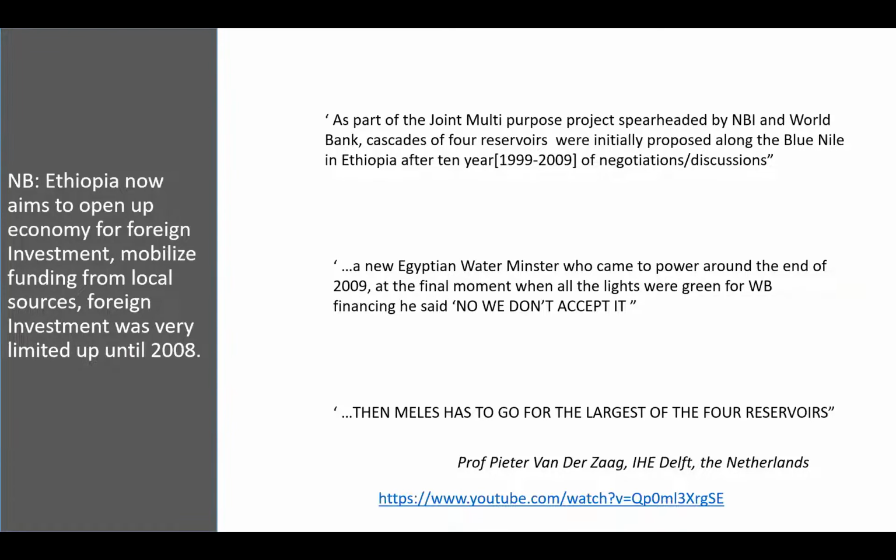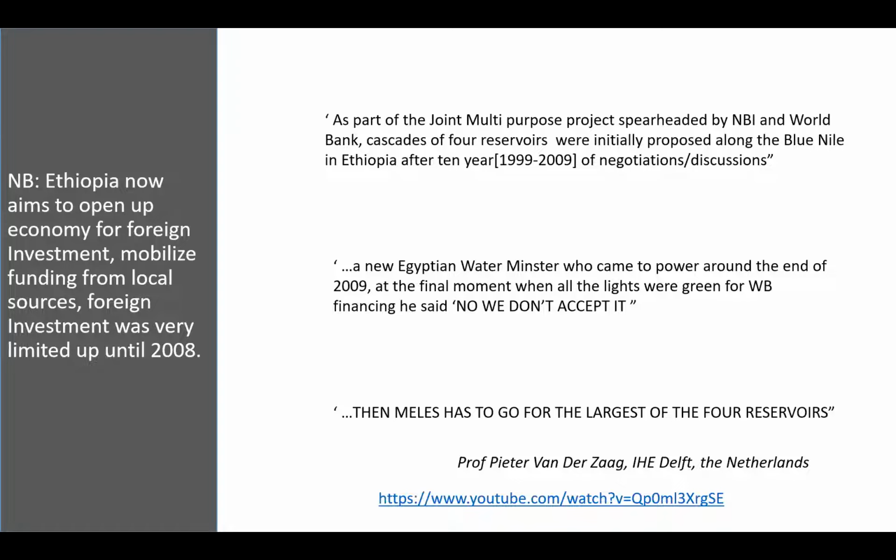According to him, as part of, for instance, the joint multi-purpose project spearheaded by the World Bank and the Nile Basin Initiative, cascades of 4 reservoirs were initially proposed along the Blue Nile in Ethiopia after 10 years of negotiations and discussions between the riparian countries, particularly Sudan, Ethiopia, and Egypt.